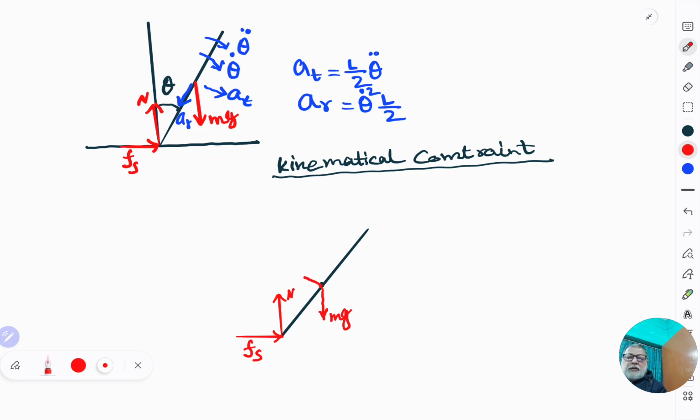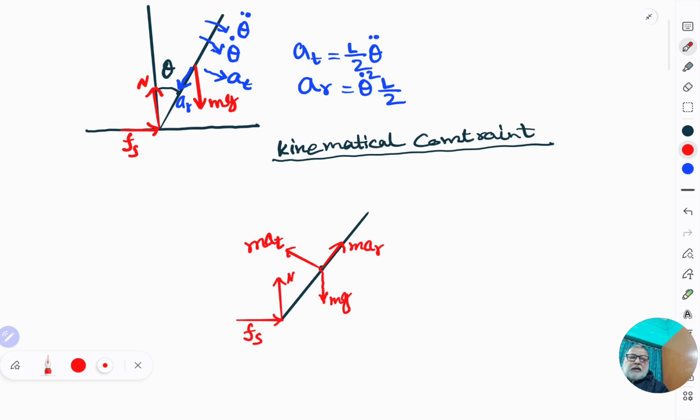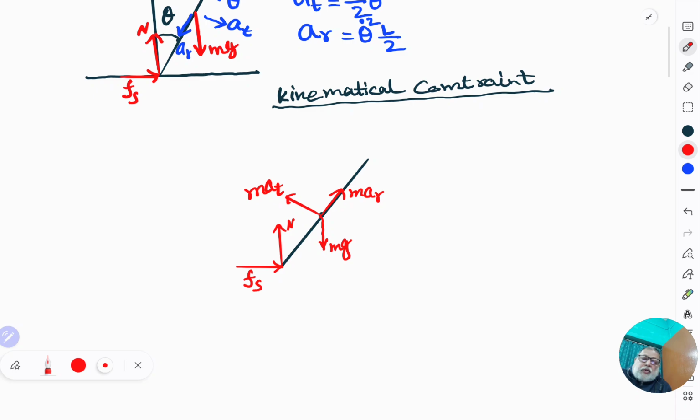So one pseudo force is m into AT, and the other pseudo force is radially outward, m into AR. Now we find there are various forces, and both of these pseudo forces have a horizontal component.